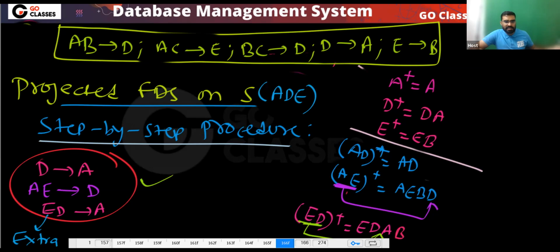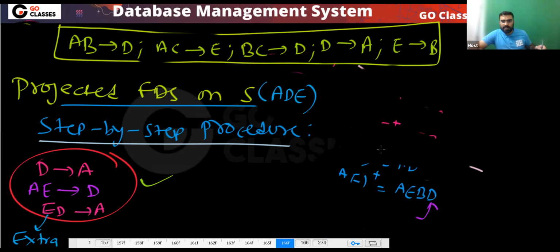Now, once you remove this E, then you can remove D determine A, so you can remove this completely. Yes or no? Because this is extra, and once you remove this, you can remove D determining A.